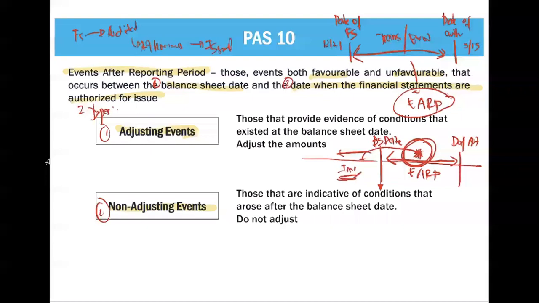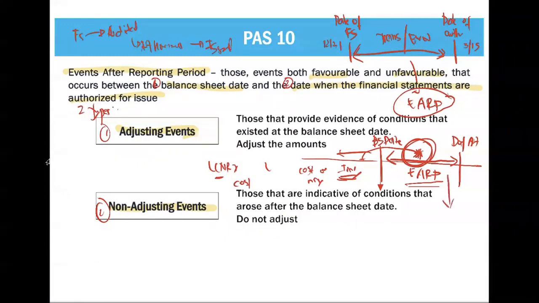For example, your inventory should be reported at the lower of cost or net realizable value. You already know that one, LCNRV. So as of the balance sheet date, the lower is your cost. However, after the balance sheet date and before your date of authorization, you learned that the NRV decreased.